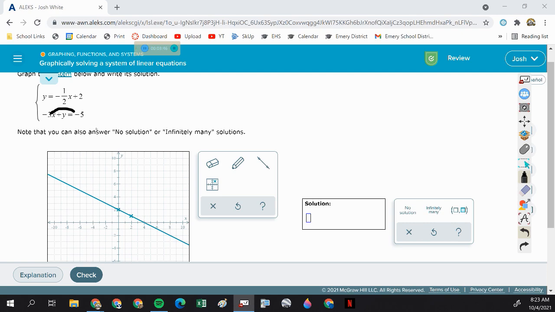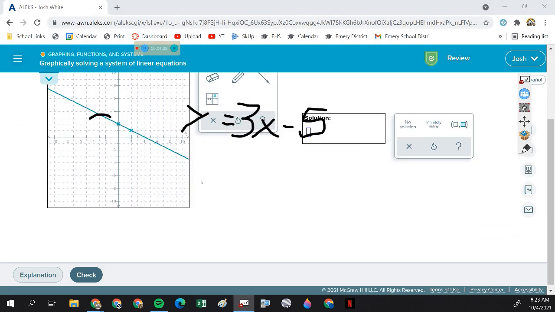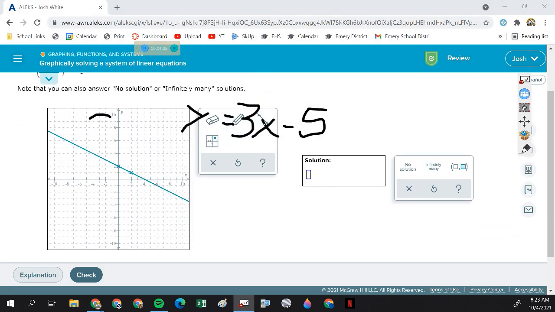I need to add this x over, so I get y. This is how good I am at writing with a mouse. Is 3x minus 5. So we'll start at -5.